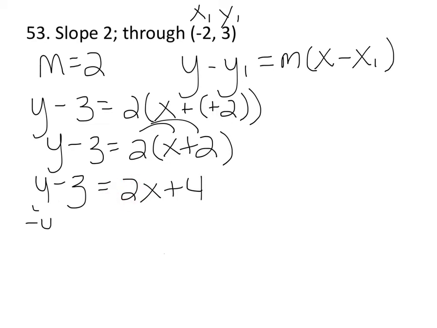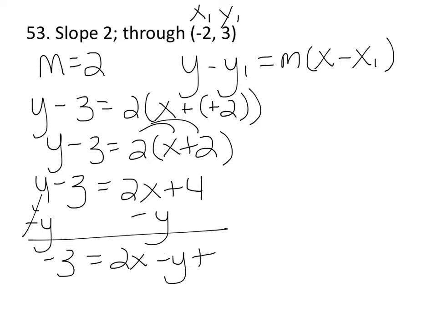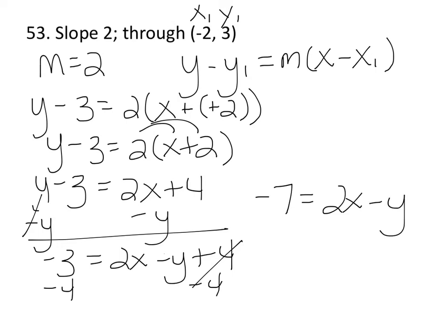So I'm going to subtract y from both sides, which is going to give me negative 3 is equal to 2x minus y plus 4. Then I'm going to subtract 4 from both sides. That's going to give me negative 7 is equal to 2x minus y, which is standard form.